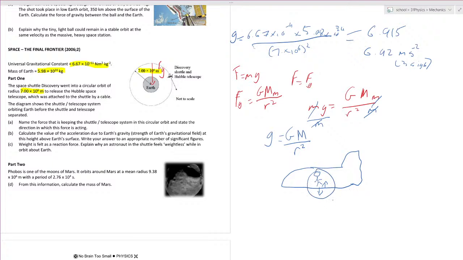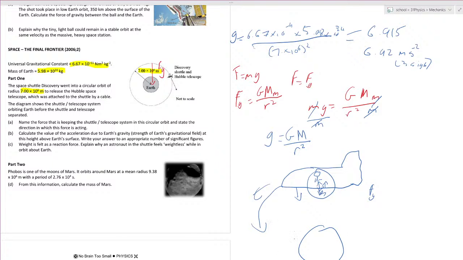If he's orbiting the Earth, what's happening is that the shuttle is falling towards the Earth, and he is falling towards the Earth with the same acceleration. That's the acceleration given by gravity. So everything's basically falling, but it's falling in a circle continually, round and round.